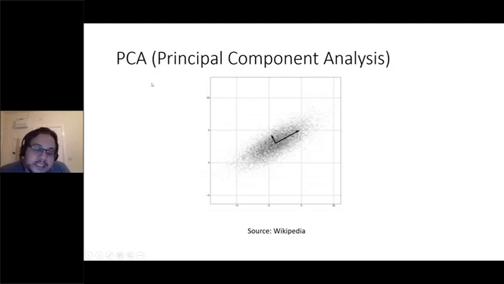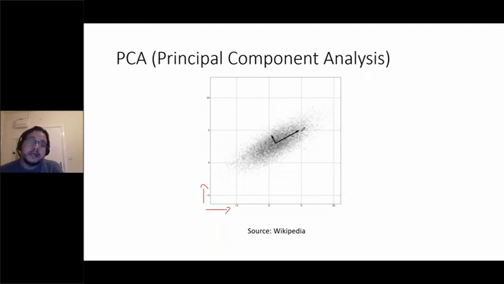Principal component analysis tries to transform my features based on the original ones. It's like transforming my reference. The reference here is this one. This is the vector that represents this feature, and this is the vector that represents this feature. It transforms it to this reference. It's like it rotates it.